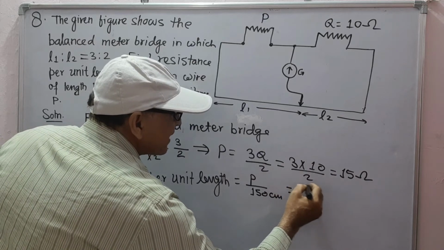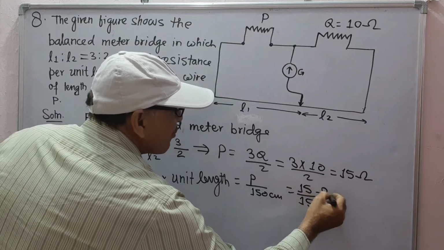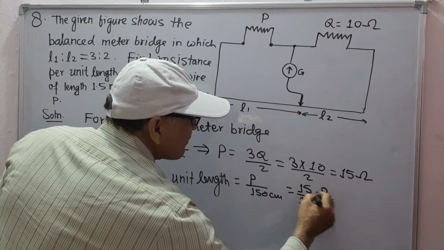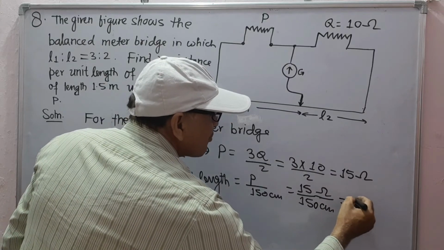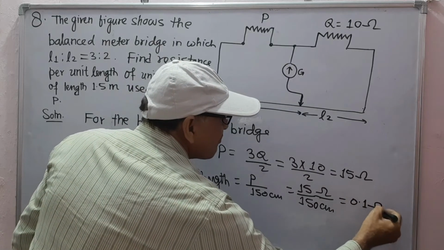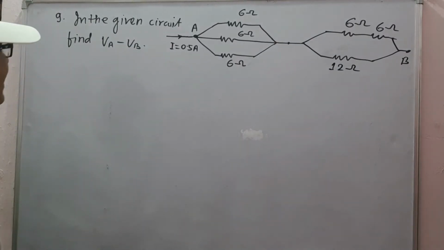So 15 upon 150 ohm per cm, that is 0.1 ohm per cm. Next question is, in the given circuit, find V_A minus V_B.